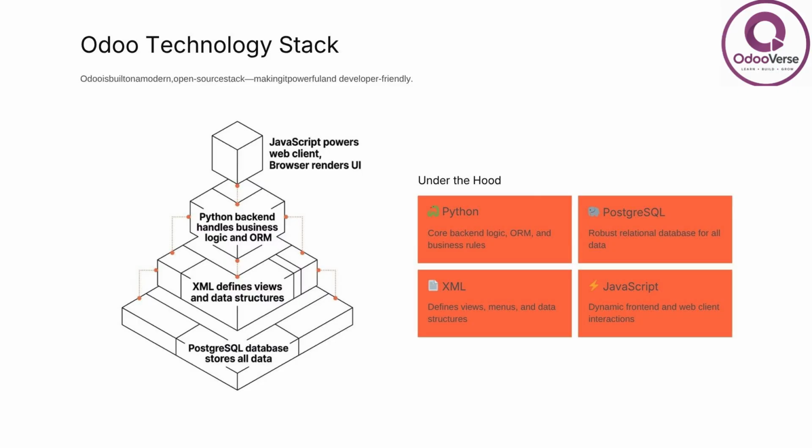Then we have XML. XML is used for designing views, menus, forms, and data structures inside Odoo. And finally, JavaScript. JavaScript powers the front-end interface and creates dynamic web interactions. So if you want to become an Odoo developer, these are the main technologies you'll learn.